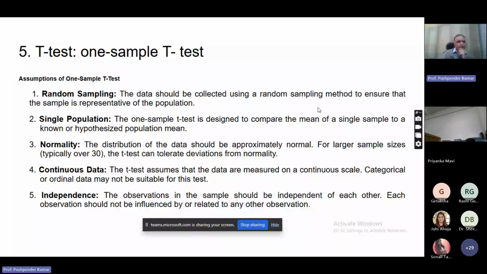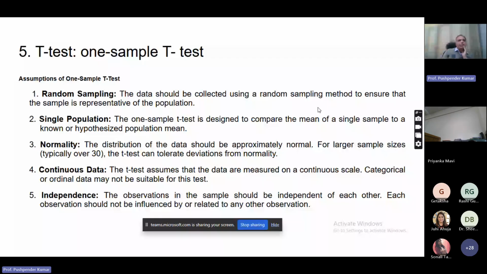Here the assumptions are random sampling and a single population. So please pay attention: what is the population here? In our case, mileage. And we check the normality. Data must be continuous and should not depend on any other data. Mileage is not dependent on any other data. We are not describing other data. So our mileage is independent.